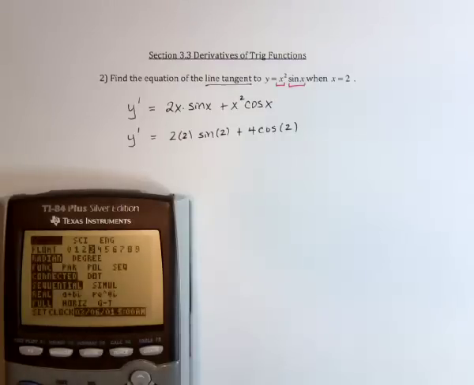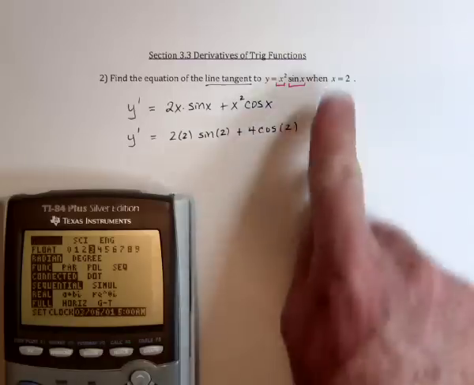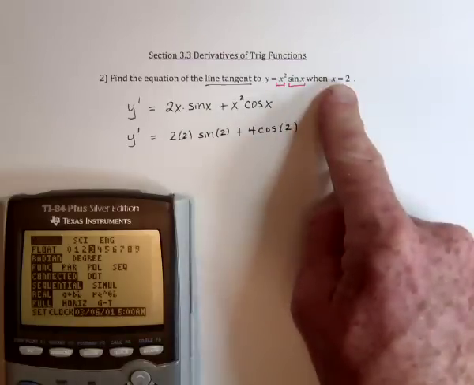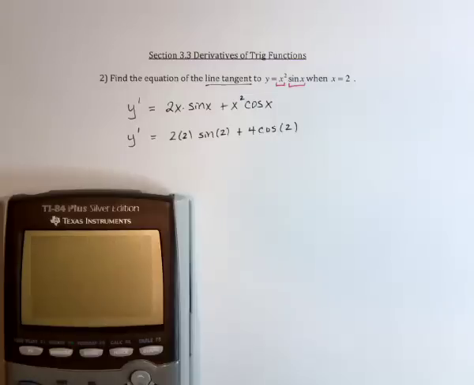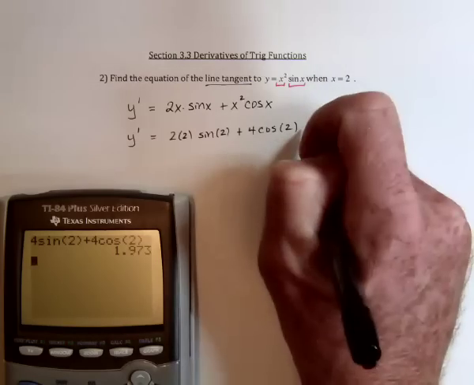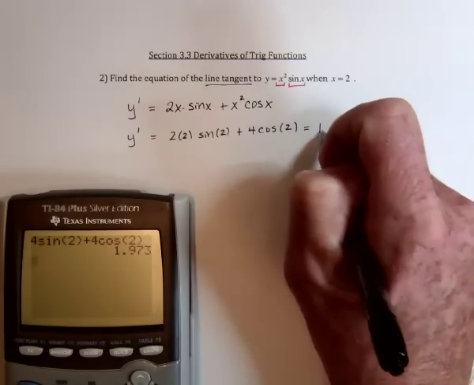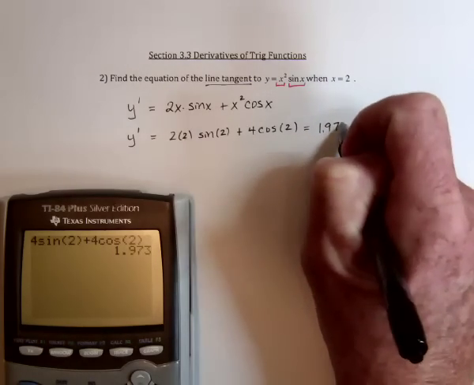So make sure that it's in radians, because that doesn't say 2 degrees, so it must mean 2 in radians. Alright, then we've got 4 sine of 2 plus 4 cosine of 2. And so the slope of the tangent line is 1.973.